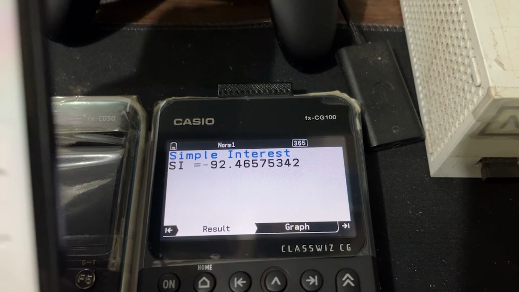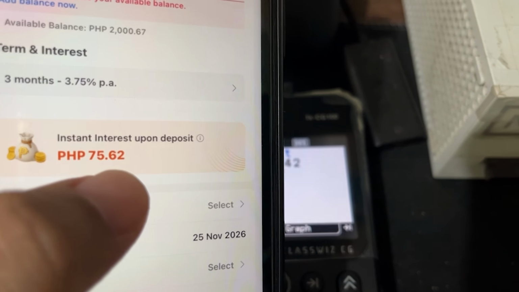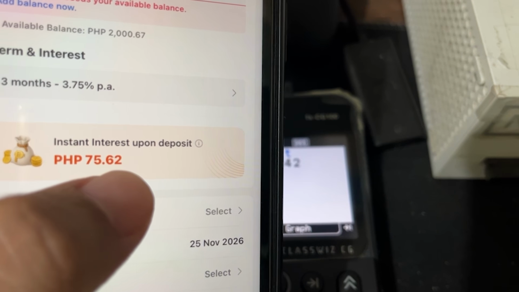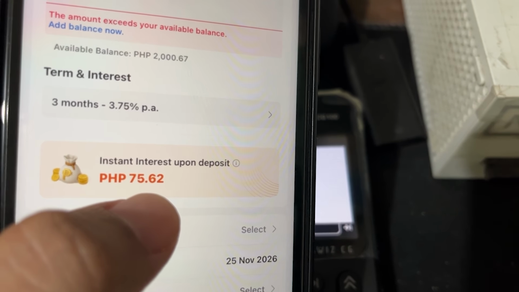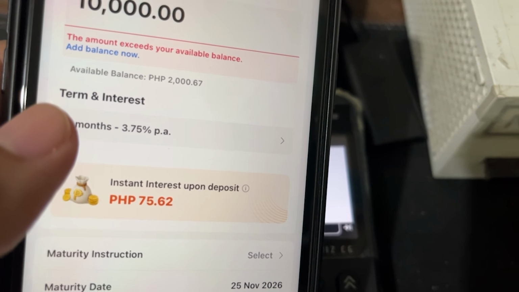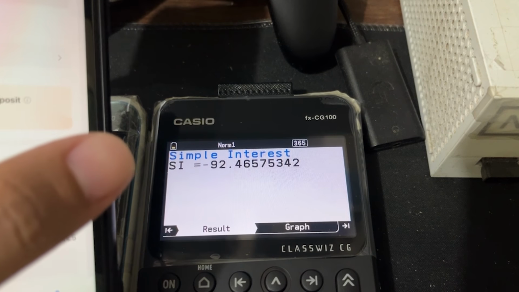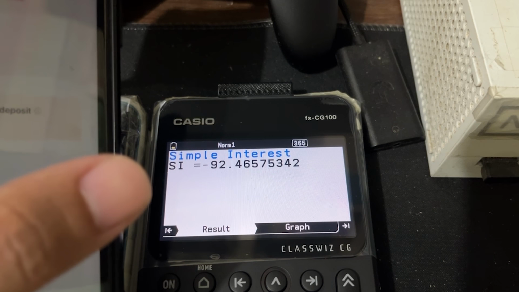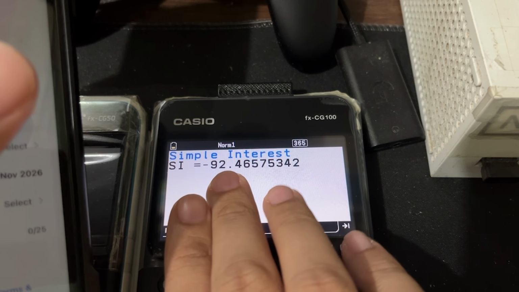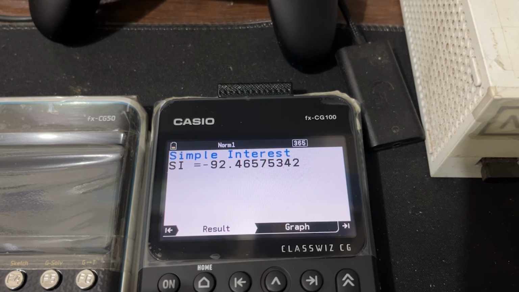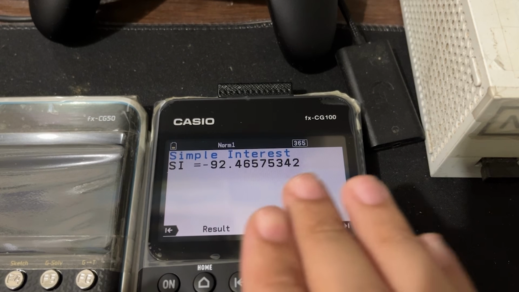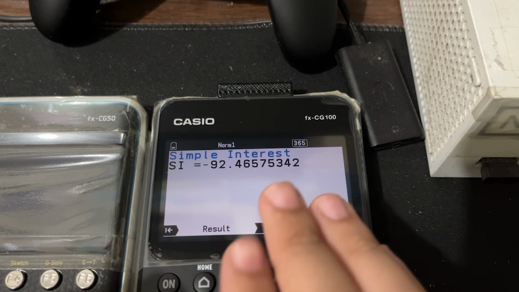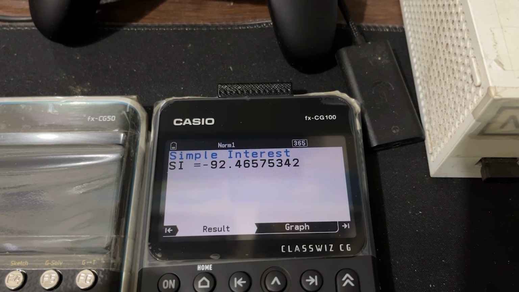This is not accurate. It's 92. You get 92 interest. But I don't know why this calculator doesn't exist. It's not like a time deposit, looks like interest.